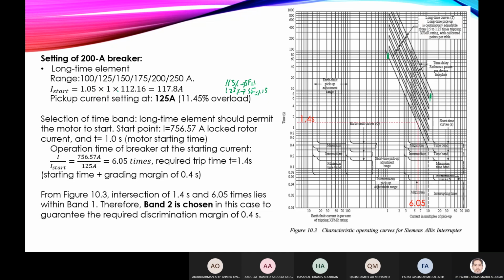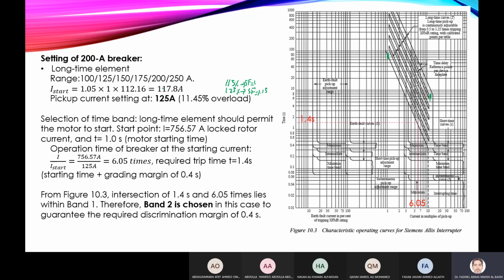Okay. So this basically also provides thermal overload protection. So 1 to 1.05 times the safety factor times the full load current gives me the current pickup. The minimum current pickup should not go below this.